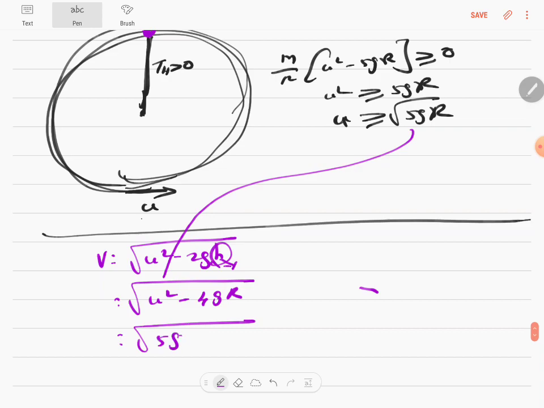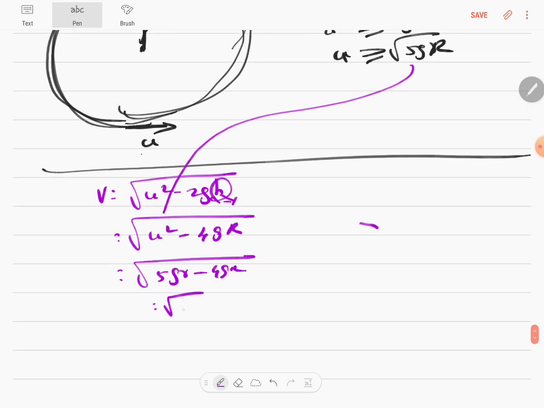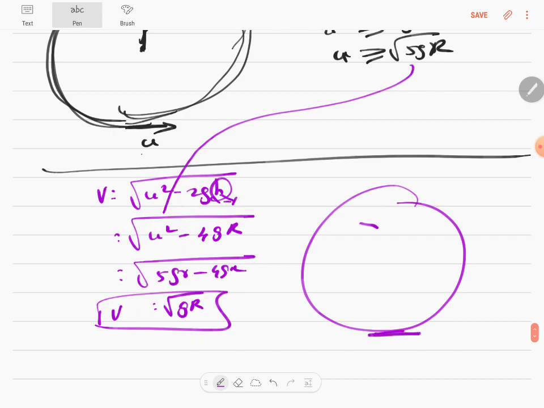So root of 5gr minus 4gr. So the velocity at the topmost point for the looping of the loop to occur is root of gr. Therefore, at the lowermost point, you have to have a velocity of root of 5gr minimum. At the highermost point, you should have the velocity root of gr for looping of the loop to occur.